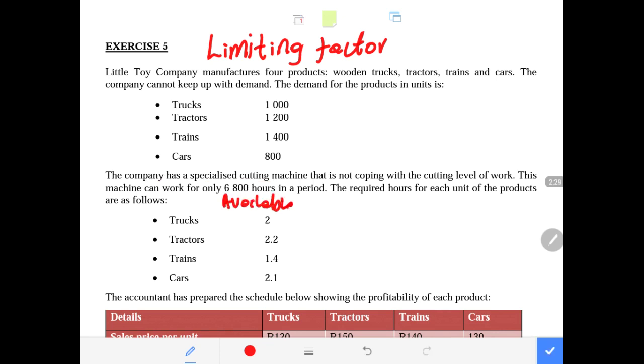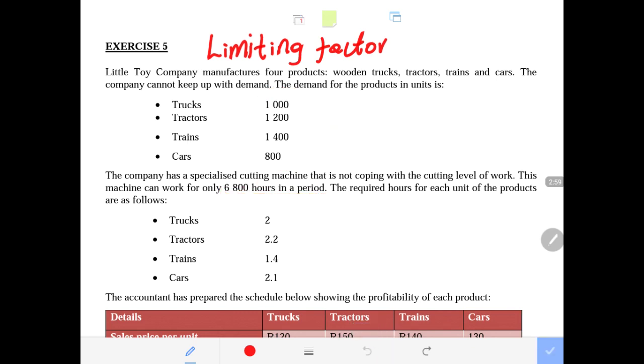If these are the available hours, we need to compare them with the required hours. So available hours is 6,800, meaning we are limited to this number of hours to manufacture all the units required for the 4 products.